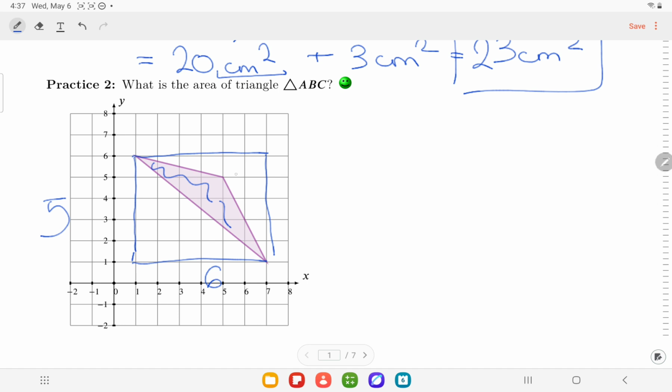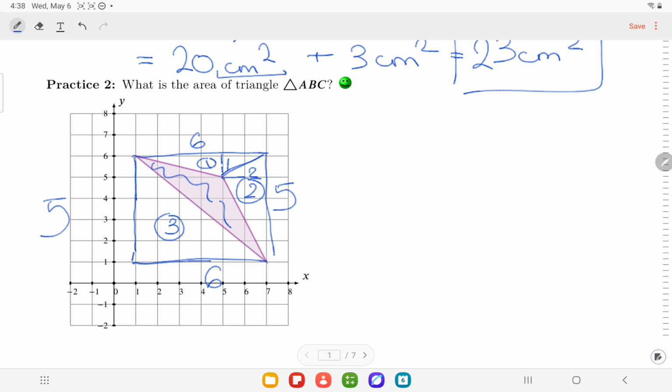And then if we split this area into 2 triangles, we know that for this first triangle here, the base is 6 and then the height is 1. And for the second triangle, we know the height is 2 and the base is 5. And then our third triangle here, we know that the base is 6 and the height is 5.